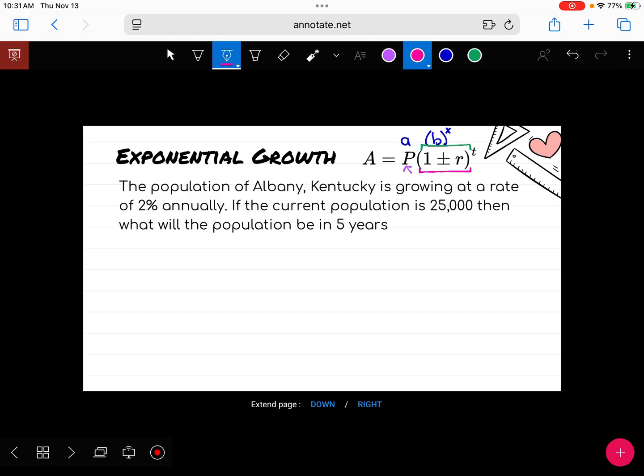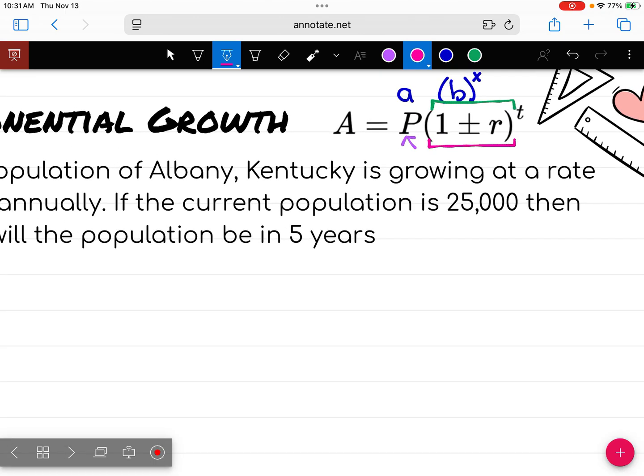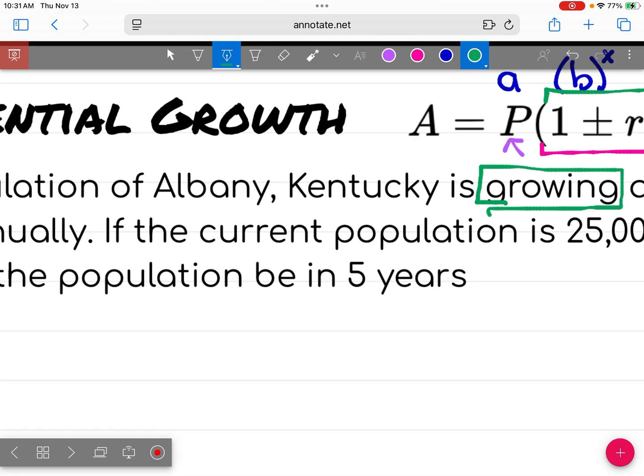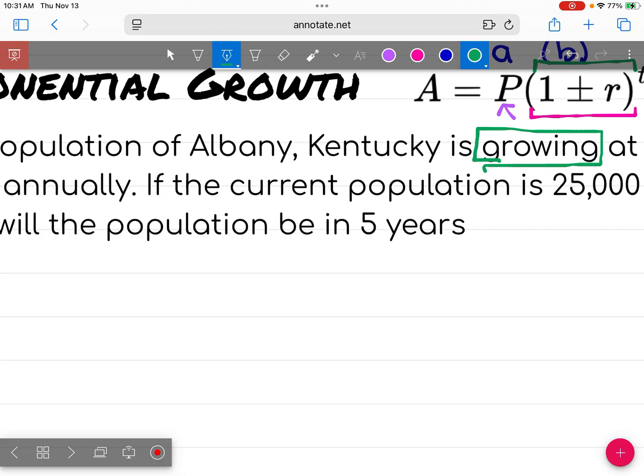So if we're looking at this town here, we've got this population of Albany, Kentucky, is growing at a rate of 2%, and we have a population of 25,000. So we have a lot of information in that one sentence right here. The fact that it says growing means we're going to use the plus.